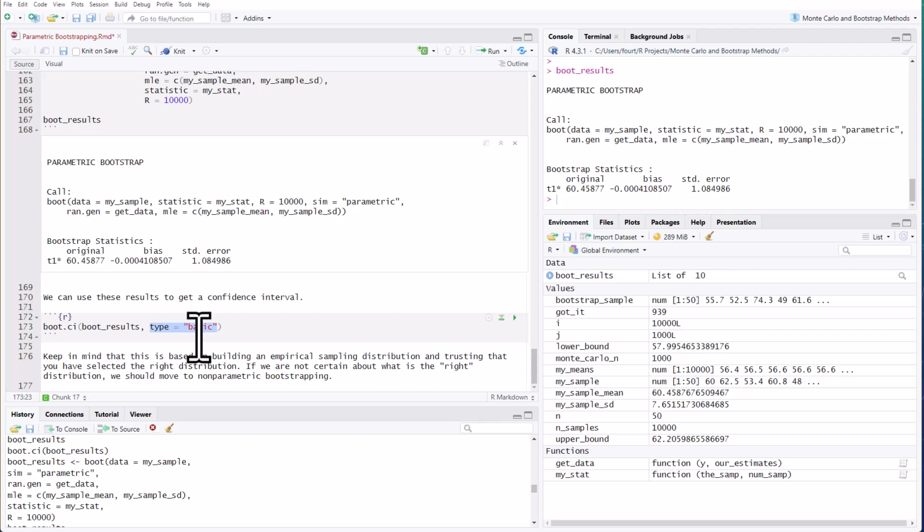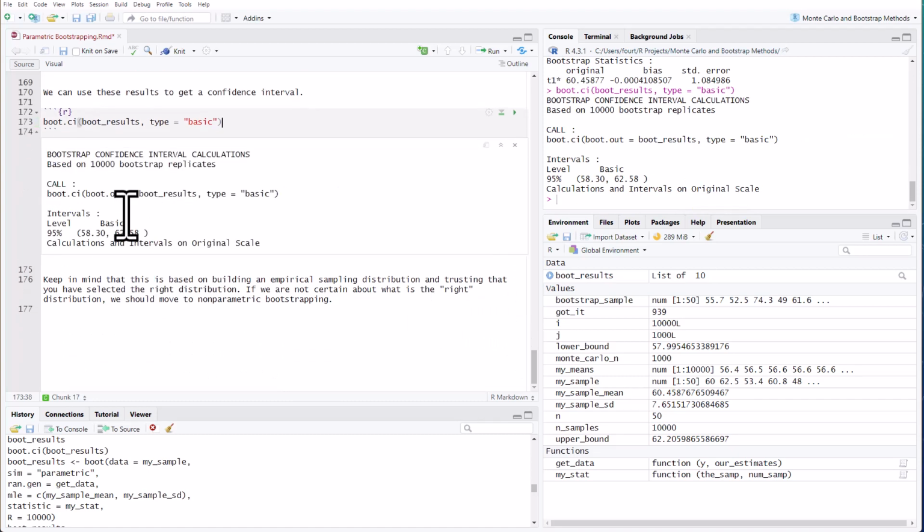So therefore, I've not put in the confidence level. But if you look at the help for boot.ci, you can see how to change that. I'm going to get a basic confidence interval. And here it is, from 58.30 to 62.58.